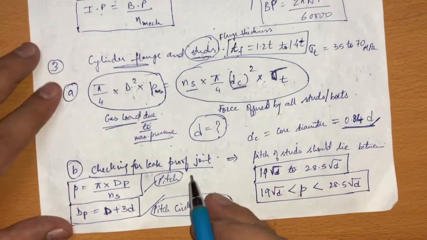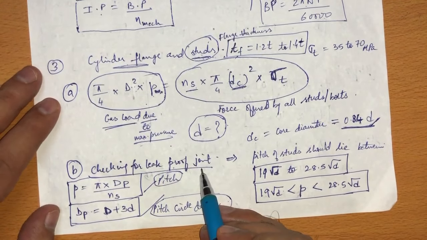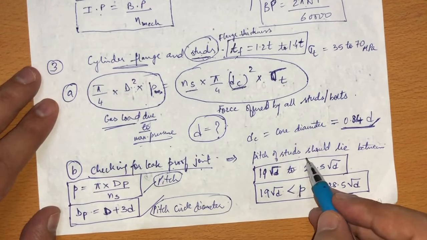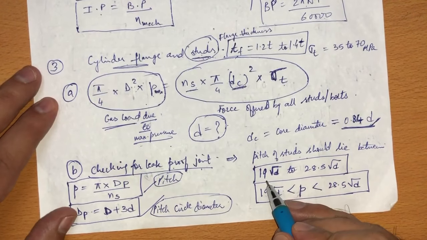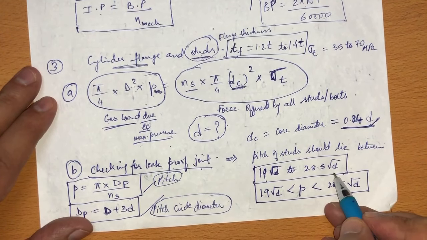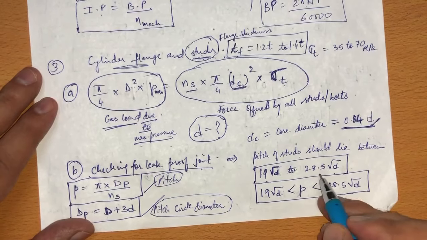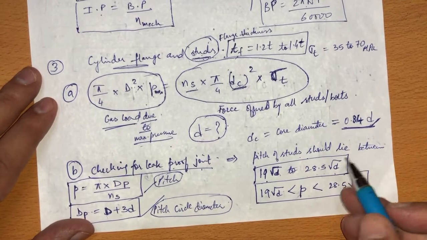Now, in order to make the joint leak proof, we have to find the pitch of the studs, and it should lie between this minimum value and this maximum value, which is 19 root of d to 28.5 root of d.